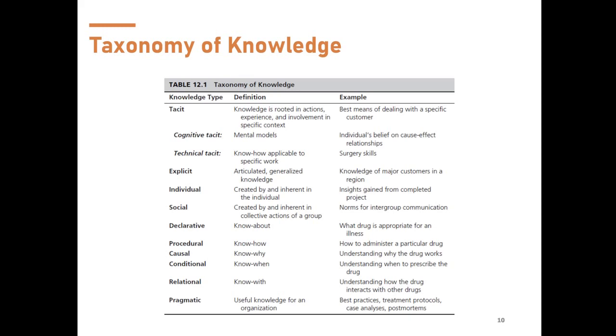So their taxonomy defined a spectrum, which means they identified different points along a continuum of knowledge types.